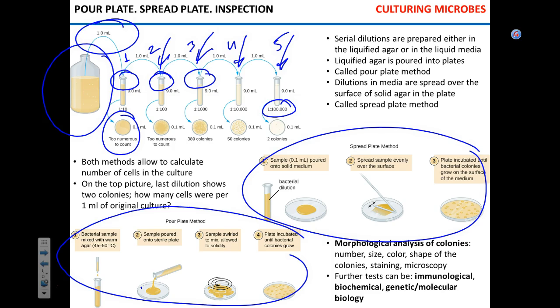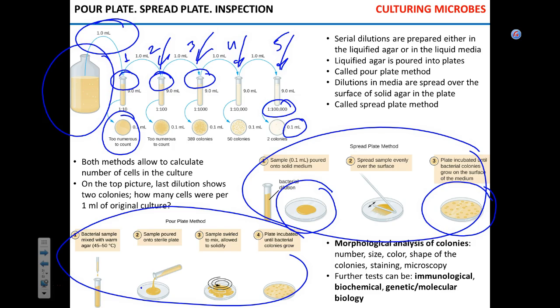And then from that last sample, we take 0.1 milliliter and put it on the agar plate. Then we use a so-called hockey stick to spread that 0.1 milliliter on the surface of the plate.